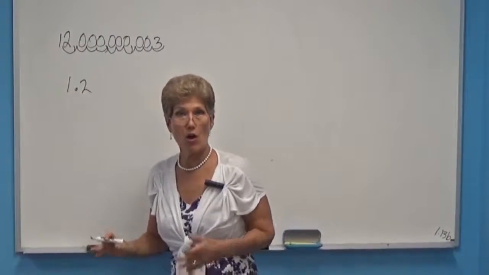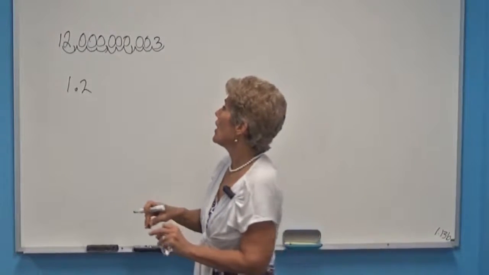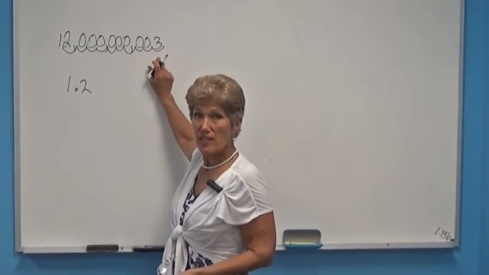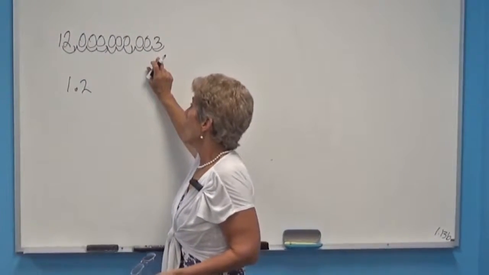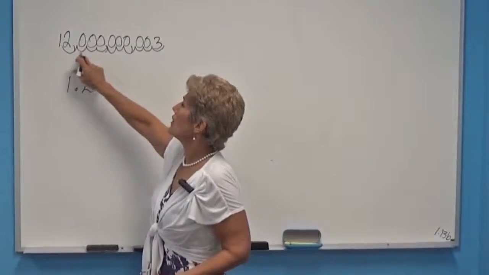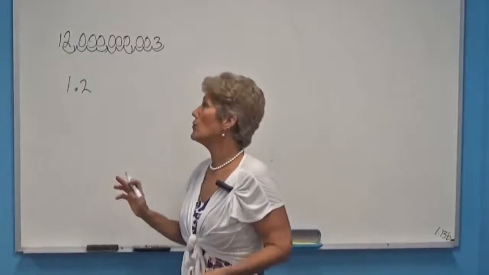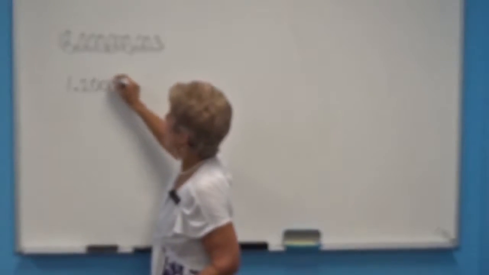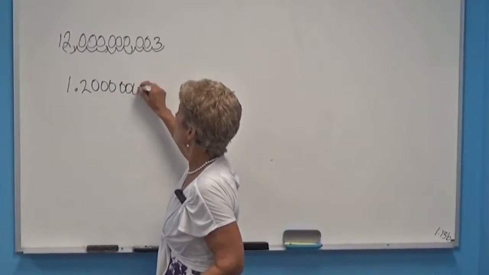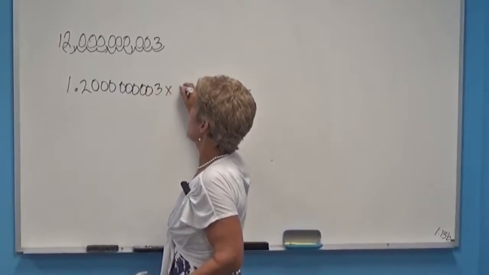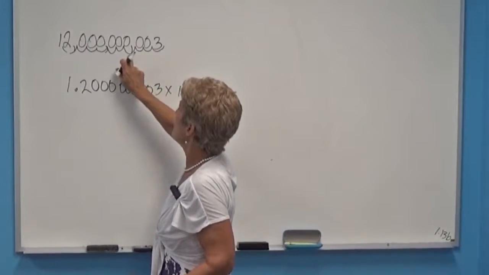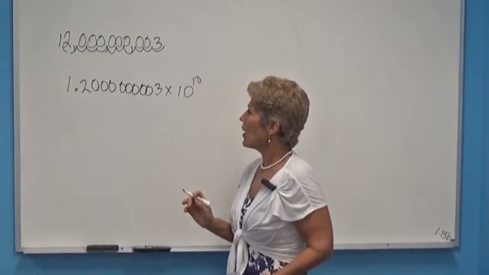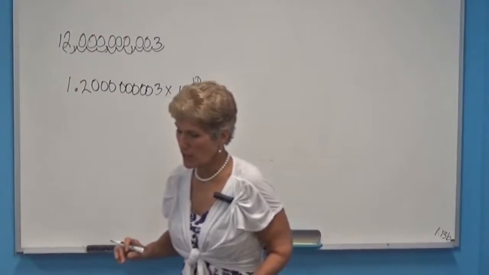Now we have to have all the ones that are significant figures. And we know that these are significant figures because they're non-zero numbers. But look at these. All of these are significant because they are between 2 significant figures. Doesn't matter how far. So we're going to have to write them all. 3, 1, 2, 3, 1, 2, times 10 to the 10th. So that's how we write that in scientific notation.